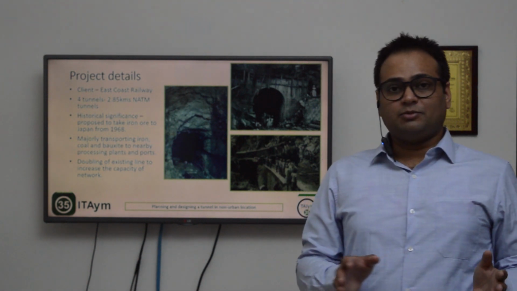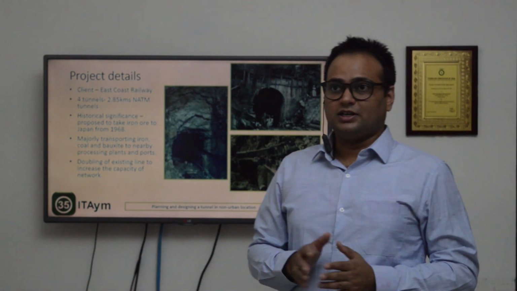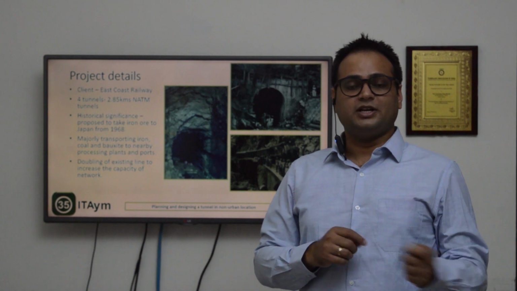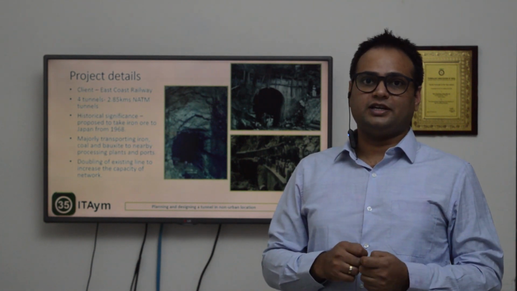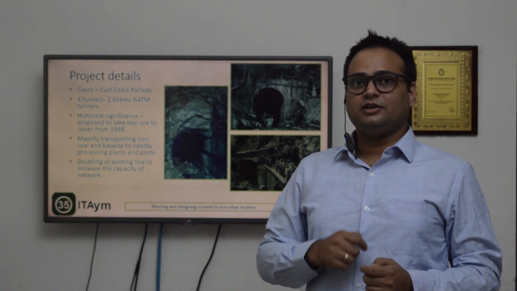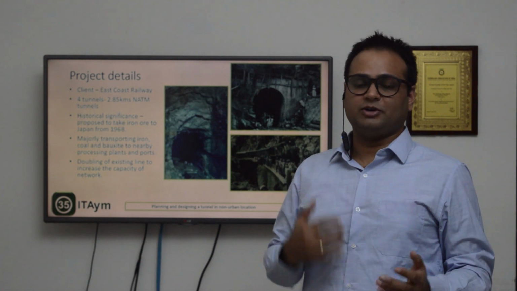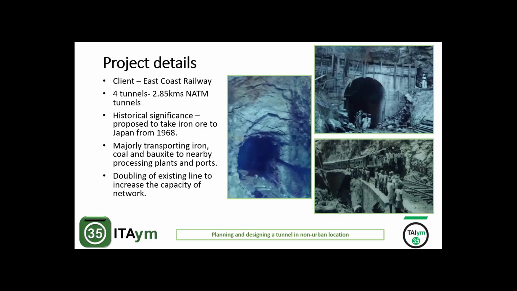This is an interesting project because when it was proposed, this was to be a link between India and Japan, to take the resources from India to Japan and bring back the manufactured products. First, one of the lines was opened in 1968, and now as the production has increased, to enhance the capacity of this railway link, the second line is being proposed parallel to it.